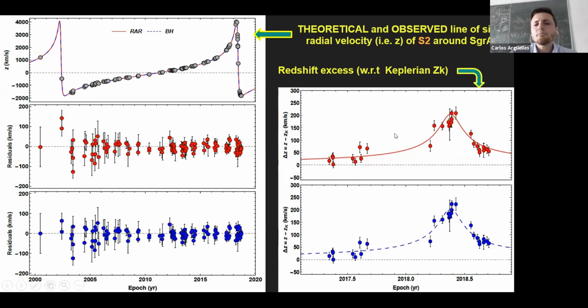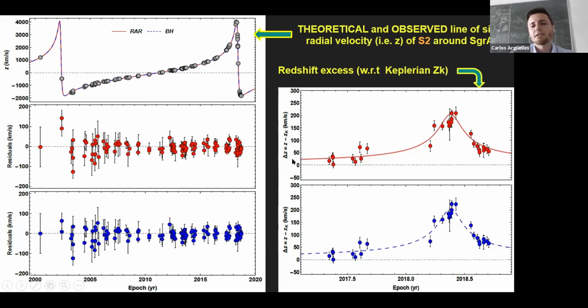We can see beautifully the redshift excess. This redshift excess means the difference between the total radial velocity of the star minus the Keplerian, the Newtonian contribution.